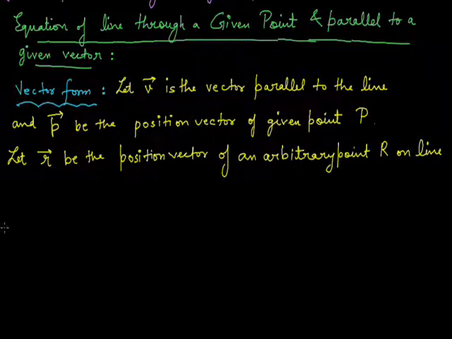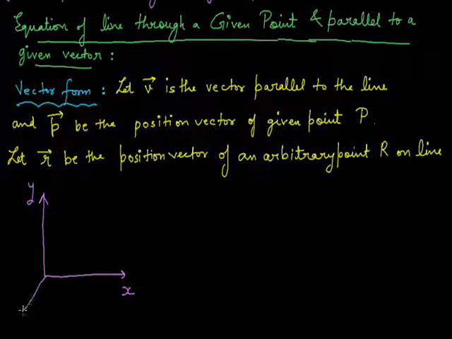So the scenario can be depicted as follows. Suppose this is x-axis, this is y-axis, and this is z-axis. This is the origin. Suppose this is our line L. There are 2 points on this line.